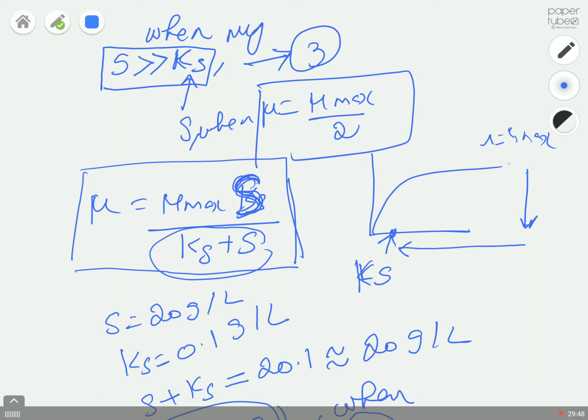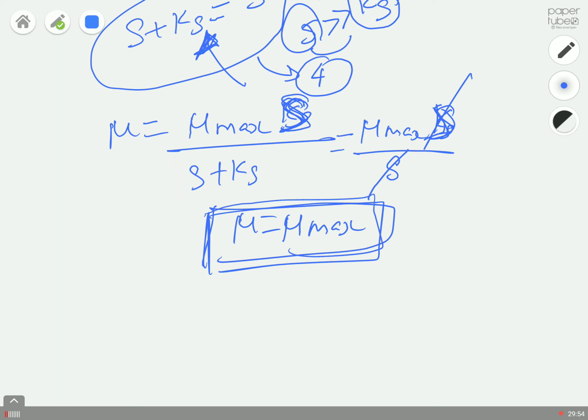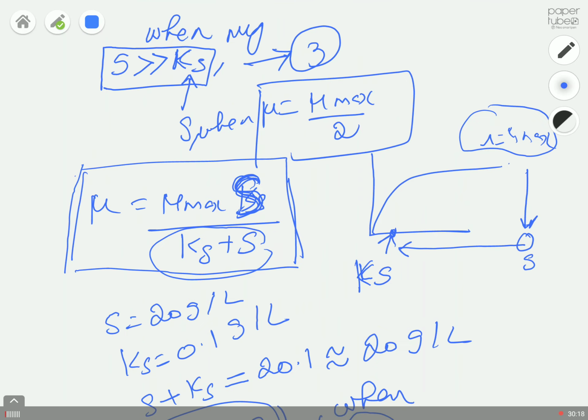That means the Monod expression is really a good expression. At least it predicts some experimental observation, though Monod proposed this equation as completely empirical, without making any assumptions. He just thought that if I have data of specific growth rate and substrate, it's going to follow some pattern, and that pattern can be represented by this equation.